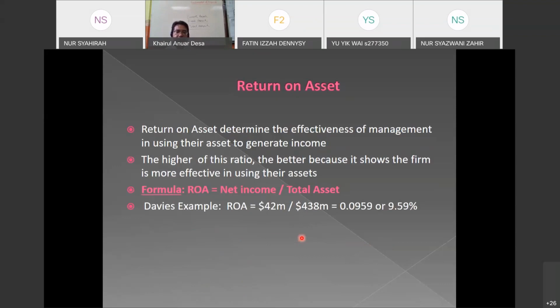Boleh kita sambung? Sikit lagi kita akan ada return on asset and return on equity.